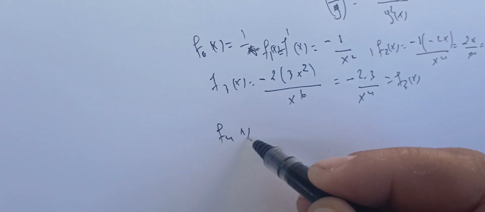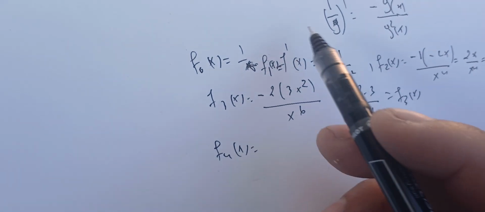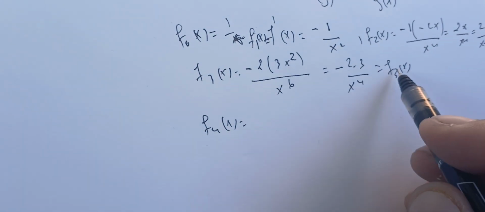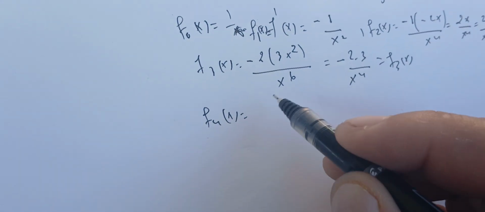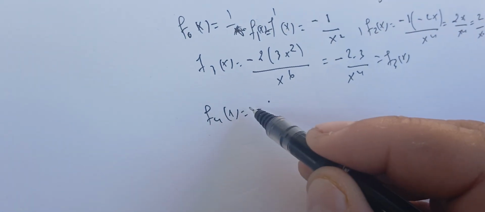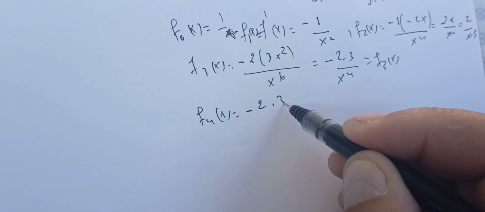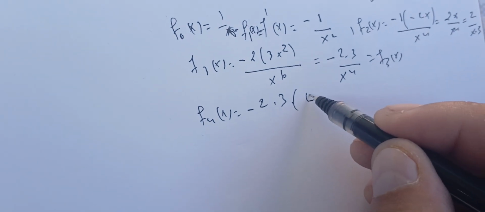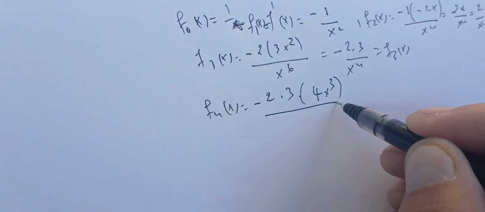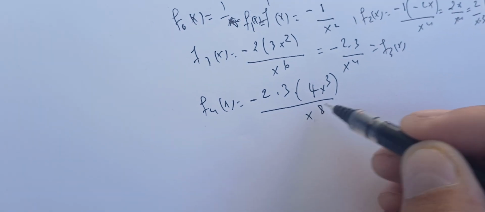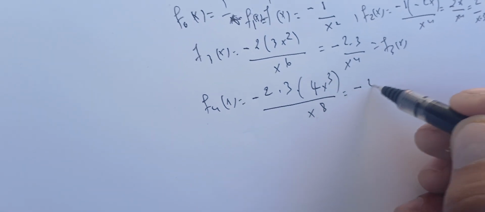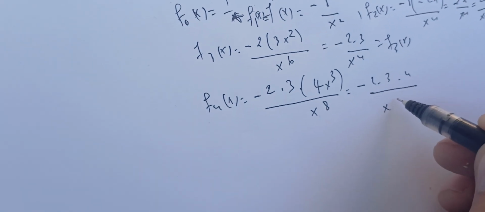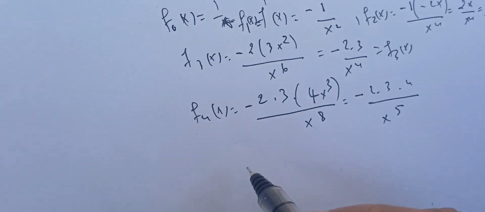f4 of x is the fourth derivative of our function, but it is just the first derivative of f3. So I have minus 2 times 3 times the derivative of x to the 4, so it's 4x cubed, over x to the power 8. So this gives me minus 2 times 3 times 4 over x to the power 5.